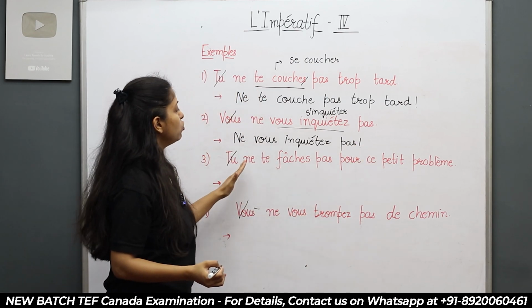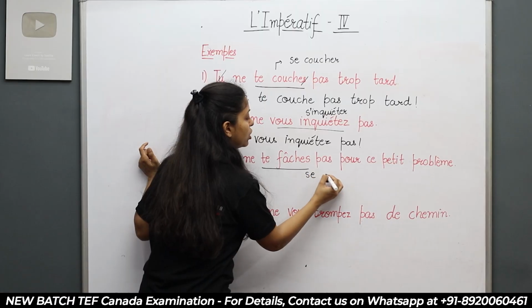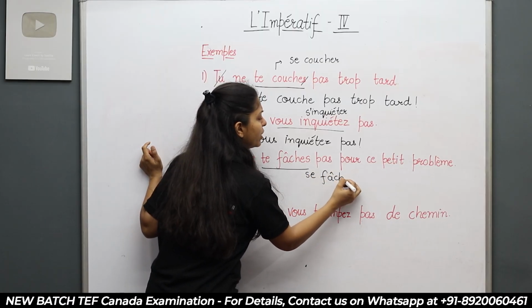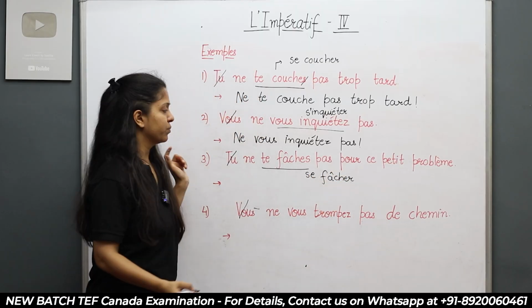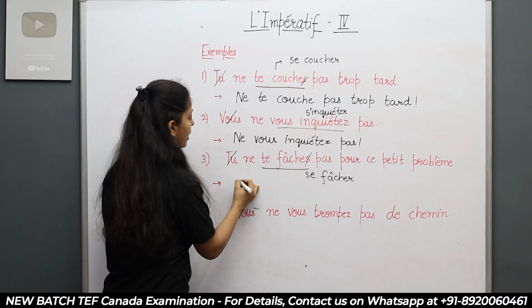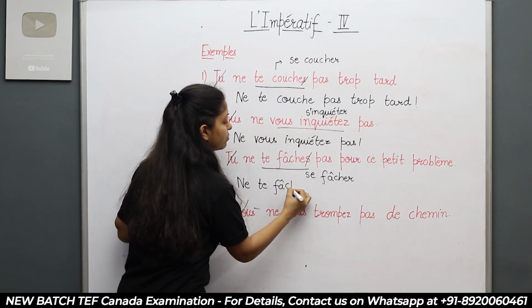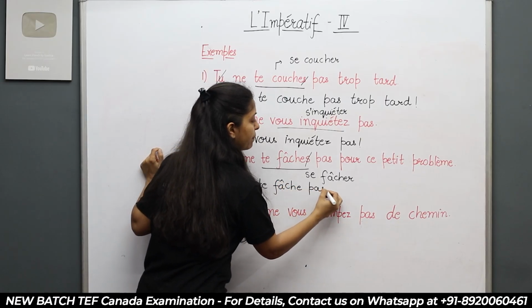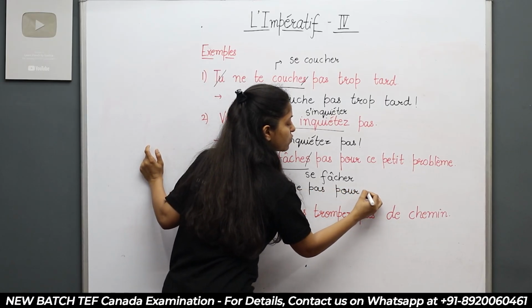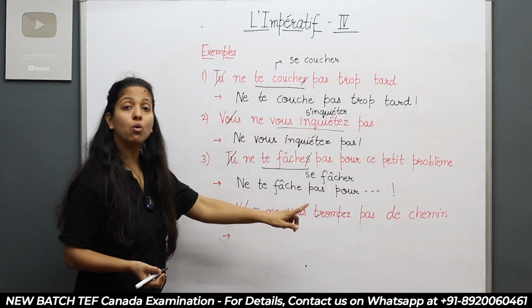The next one. Tu ne te fâches pas pour ce petit problème. The verb is se fâcher. To get angry. Don't get angry for this small problem. It is an er verb. Remove this s, remove this tu, and you will have ne te fâche pas pour ce petit problème.